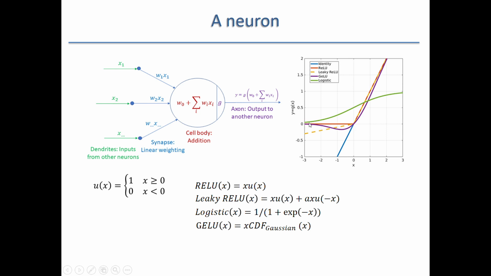Below 0 it is 0, and after 0 it is just the identity. The problem with this function is that it's non-differentiable here, but up to that small point, the rest of the function is fine.